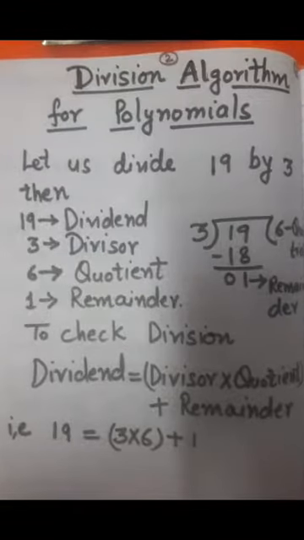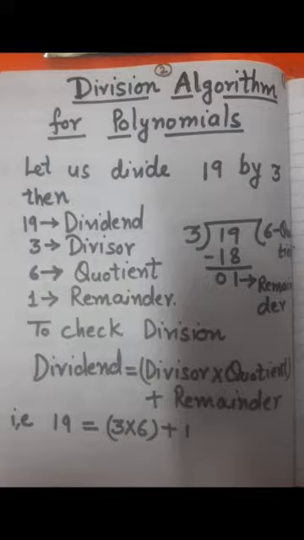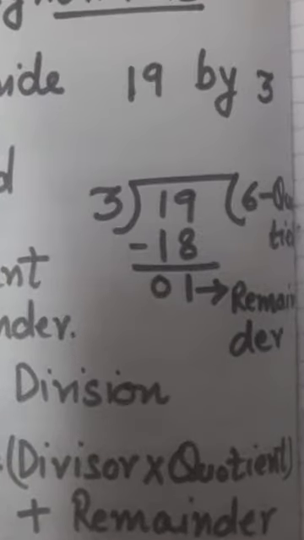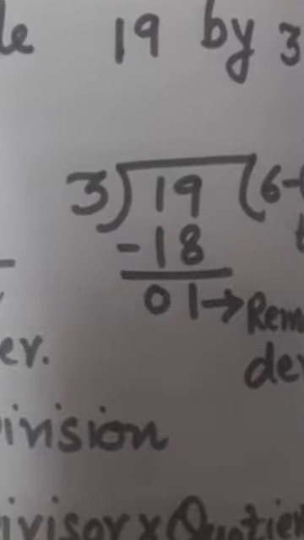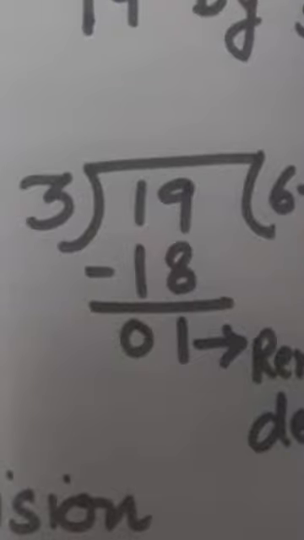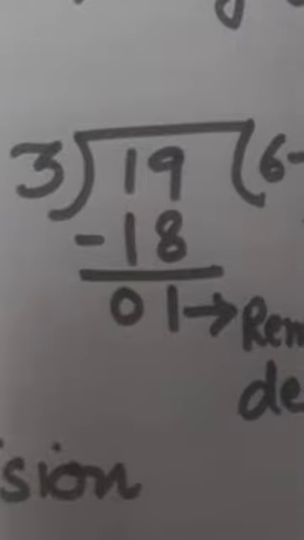We will try to understand it by the process of division as we used to do from our childhood. Suppose we have to divide 19 by 3. Here 19 is the dividend and 3 is the divisor. We read the table of 3, and 3 sixes are 18.